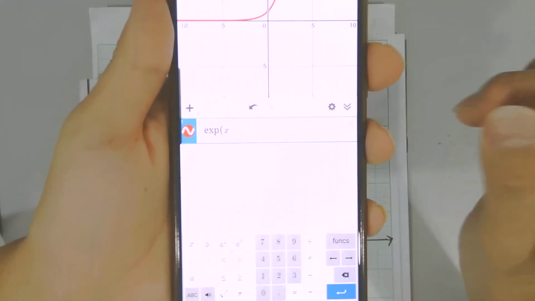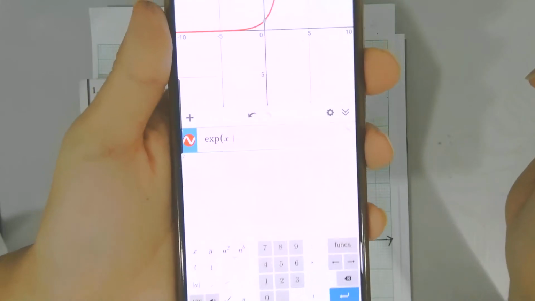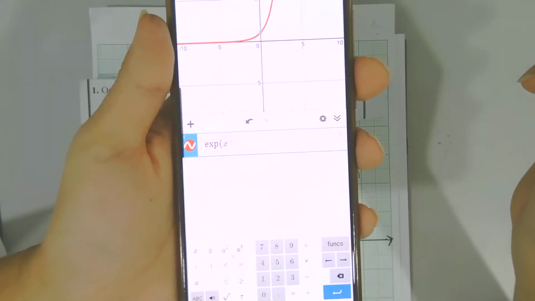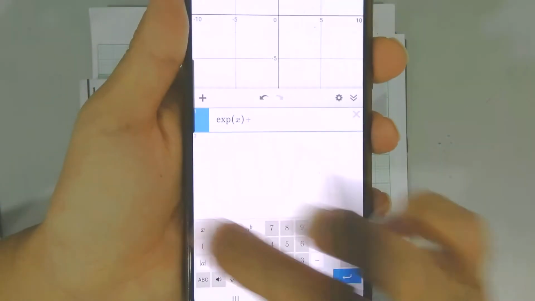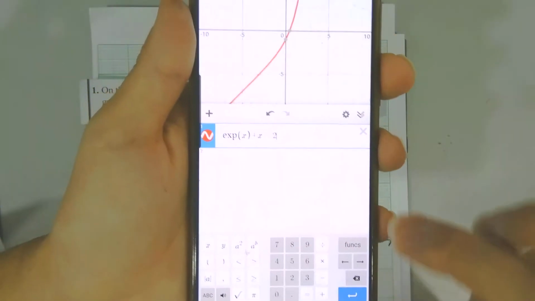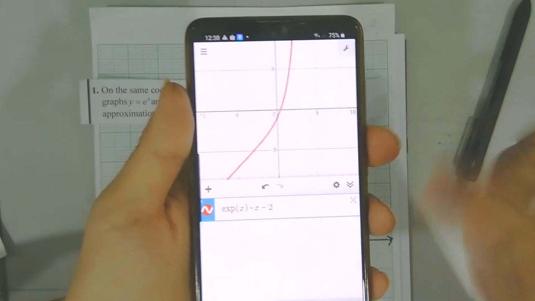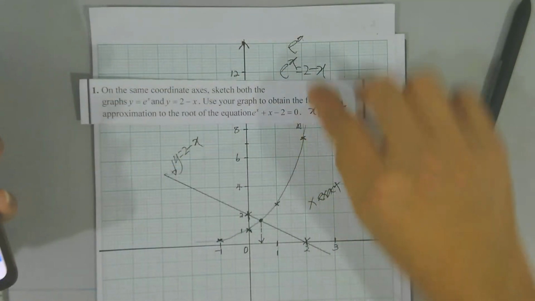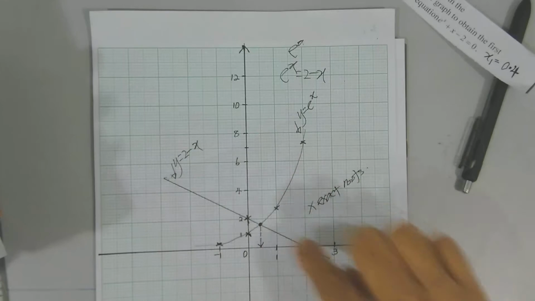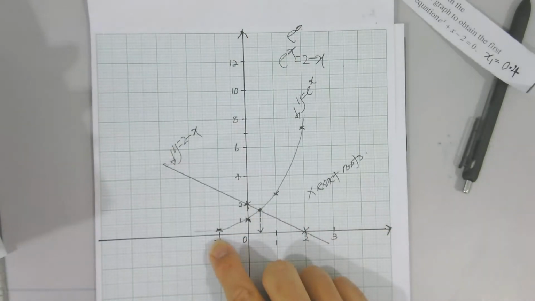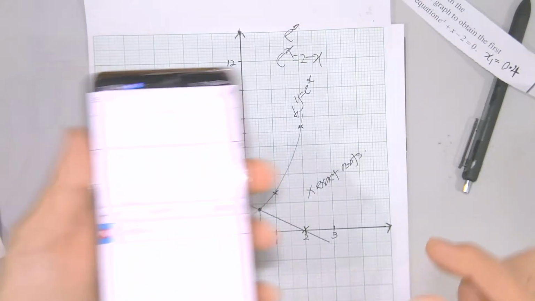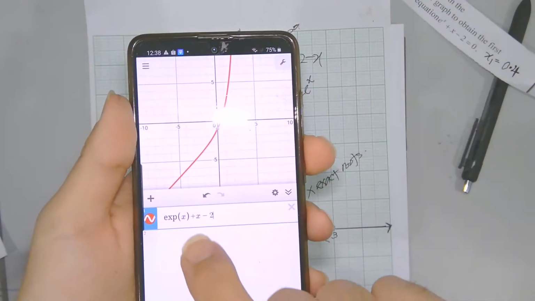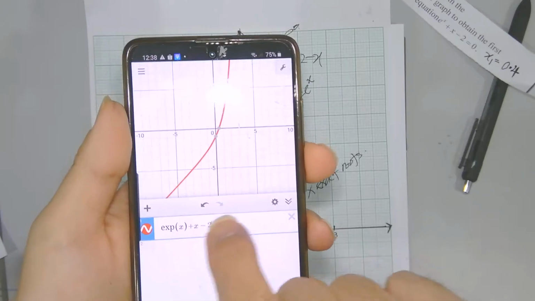So e to the power of x, plus x minus 2. Then this is the graph. Now I draw the graph separately, where I can see the root is between 0 and 1.